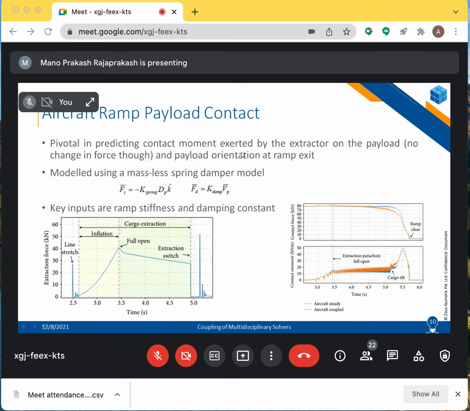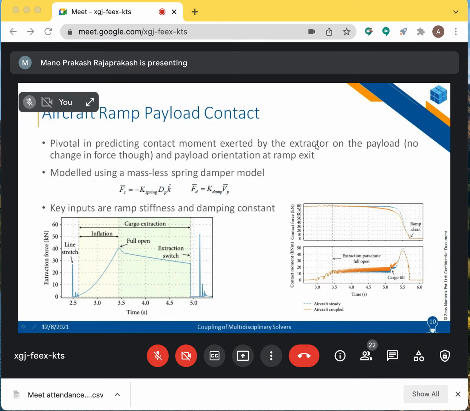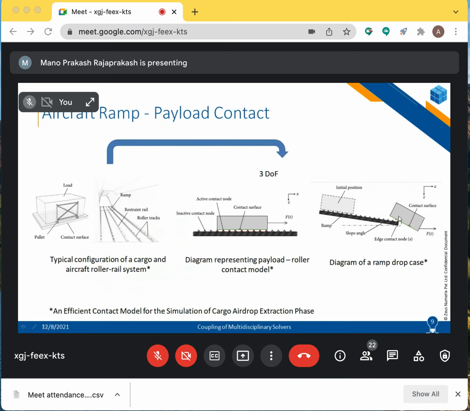The reason for having such models is very important for us to predict the loads exerted by the extractor on the payload and the orientation of the payload at the ramp exit. That is, at this particular instant, what orientation my payload is going to have is very important from the aircraft safety perspective.